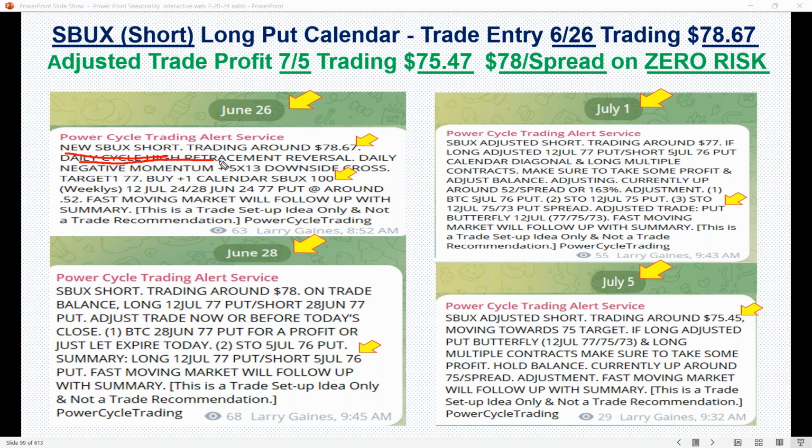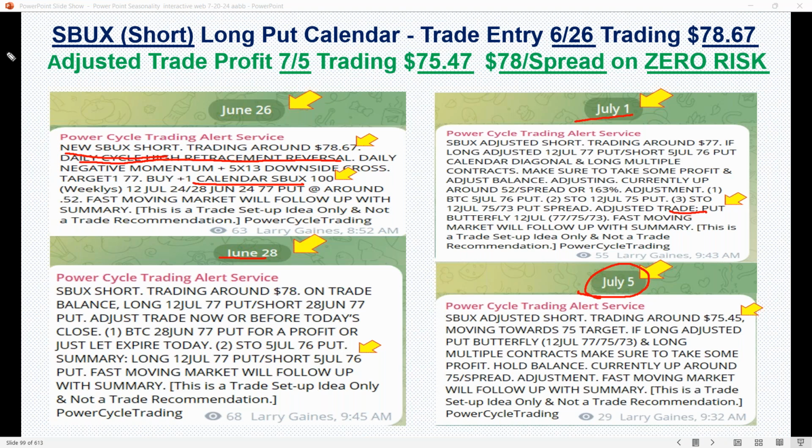So this one we initially set up as a daily cycle higher retracement reversal, daily negative momentum, 513 downside cross. So we set this initially up as a calendar. And then we adjusted this to make it a calendar diagonal. Then we did another adjustment here to make it a butterfly. And then here was the fifth, getting out.